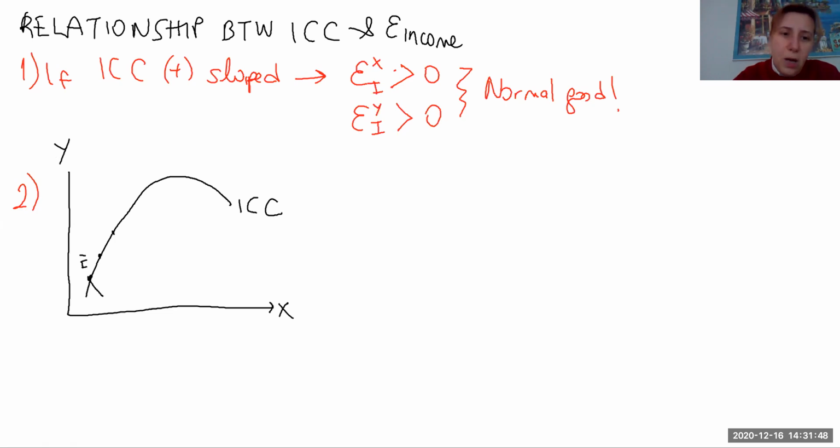For simplification, I will not draw the budget lines and the indifference curves, but please be informed that each point on this income consumption curve is a possible choice of the consumer for different income levels. Of course, when we go up or to the right side, you can understand that the income of the consumer increases, and the budget line just shifts to the right.